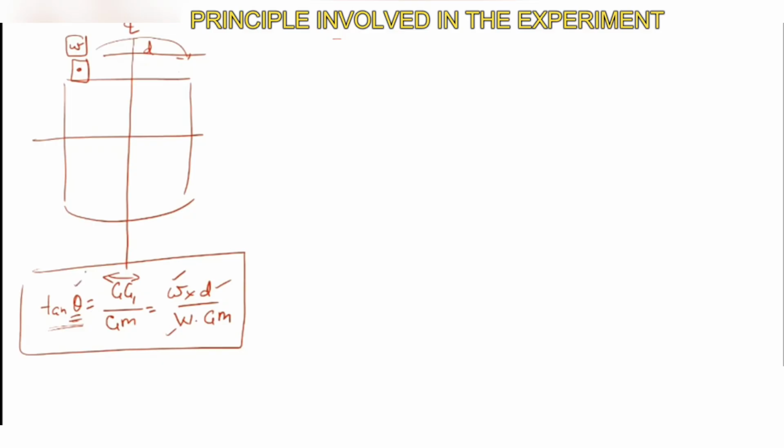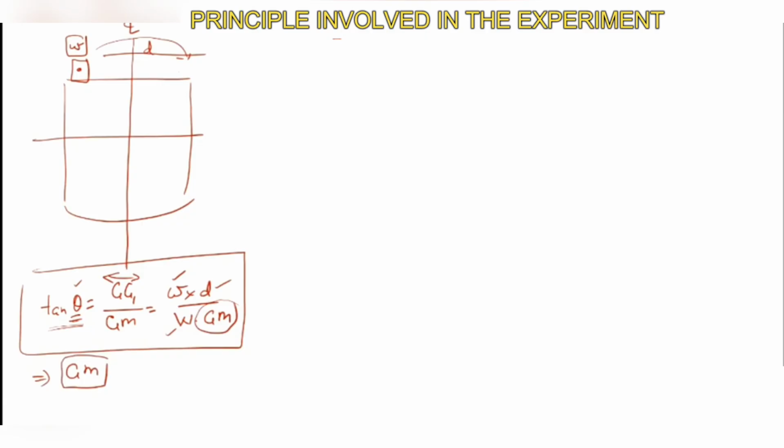I would have theta, small w, d, and capital W. What is missing is GM. So by measuring the list caused, I can obtain the GM of the ship in whatever condition the experiment was performed.